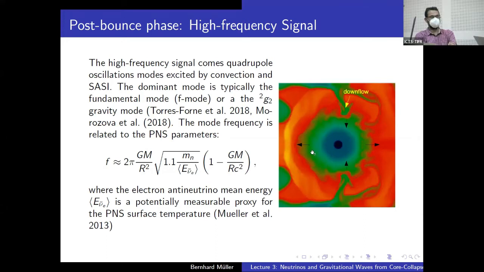Hi, so I have a question. How effective will these G modes be in constraining the matter equation of state? Yes, that's also a very good question. I'll show you a bit later how well they might be able to constrain the neutron star.